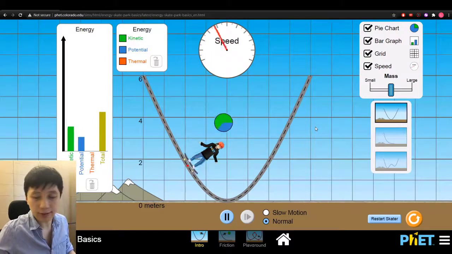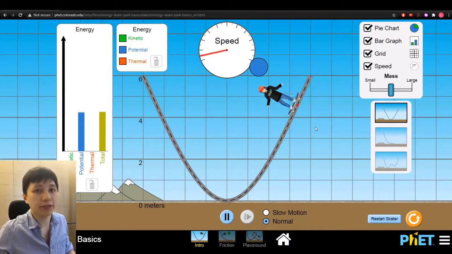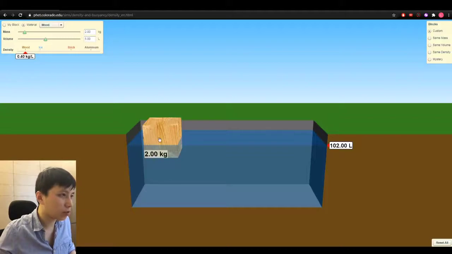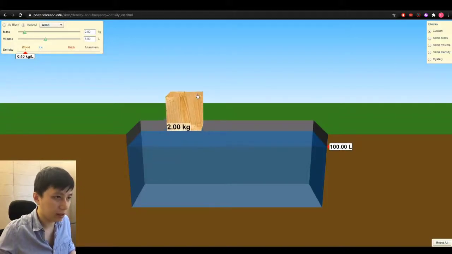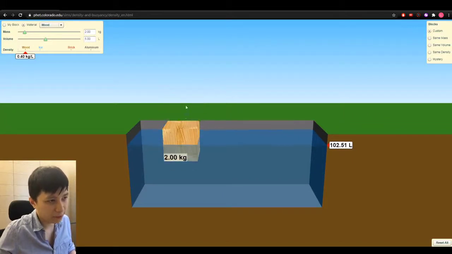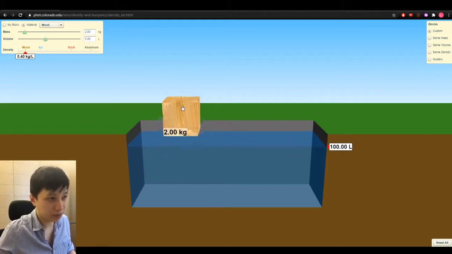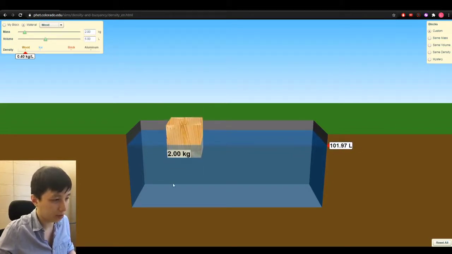However, this is not simple harmonic motion, and I will explain later on. Next will be the vertical motion of a body floating in the liquid under the action of wind and waves. So like an iceberg. I'm not showing the wind or waves, but if you simply think about this going up and down, this is kind of an oscillation as well, right? When you simply drop something vertically into the liquid.